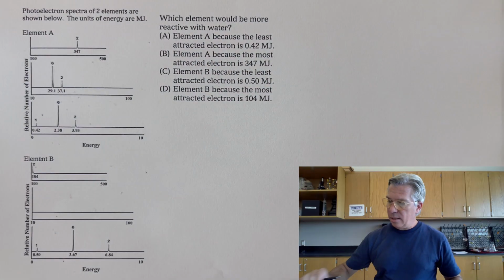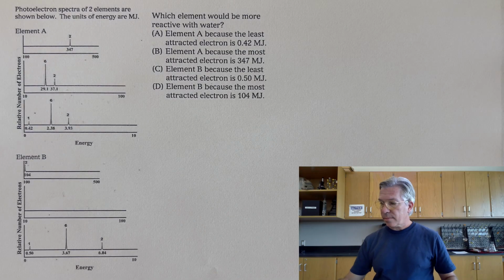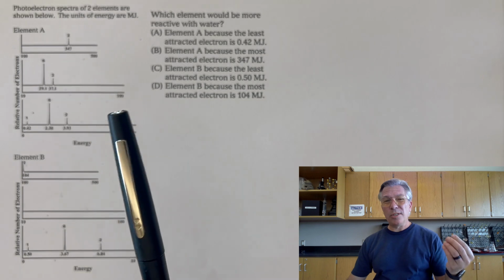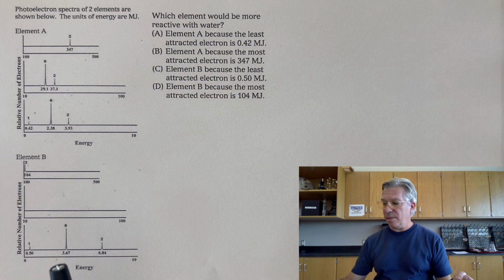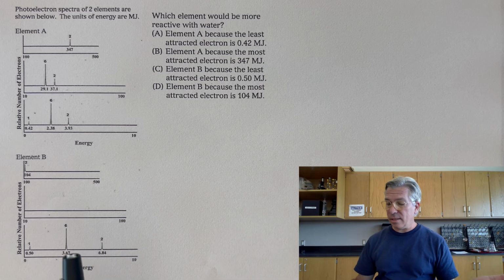All right, and the last question. Which element would be more reactive with water? Element A or element B, based on those choices. Now, we're supposed to understand that, yes, this is potassium and this is sodium, and judging by our experience, we know that they're alkali metals, and they react with water, but not in quite the same way.